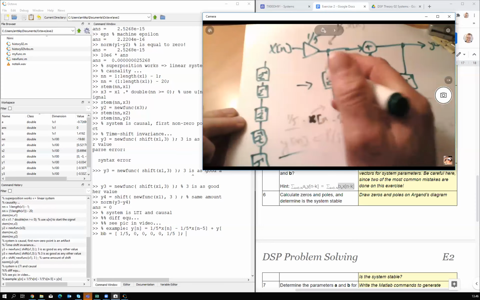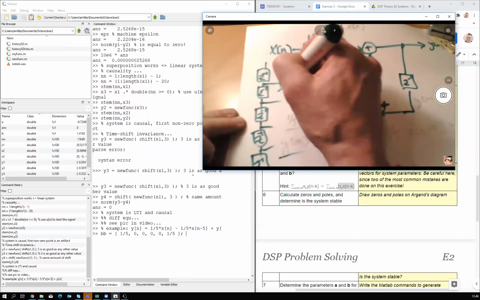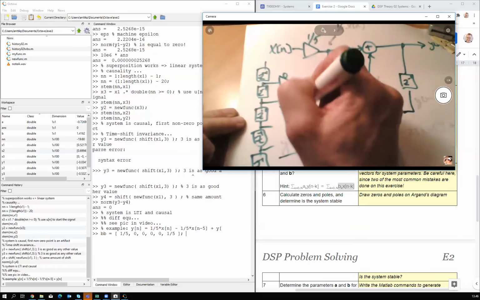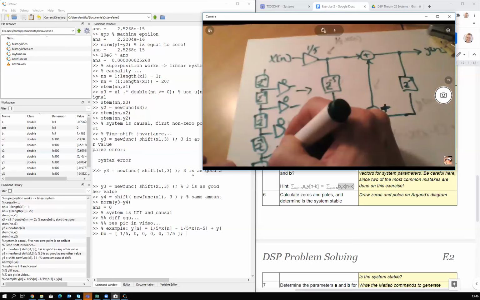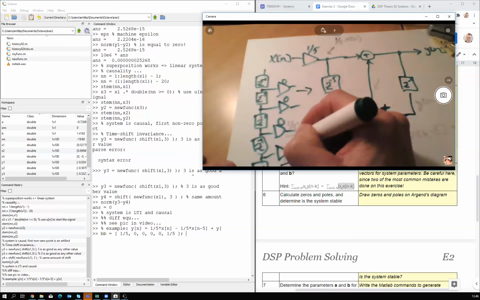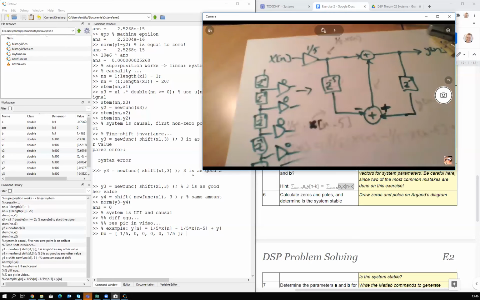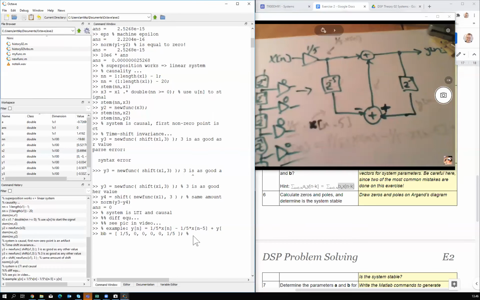There, and these parameters, B's, are 0. That one too. 0 gain. Okay. So those are the forward coefficients. Well, that's forward going, so feed forward coefficients.